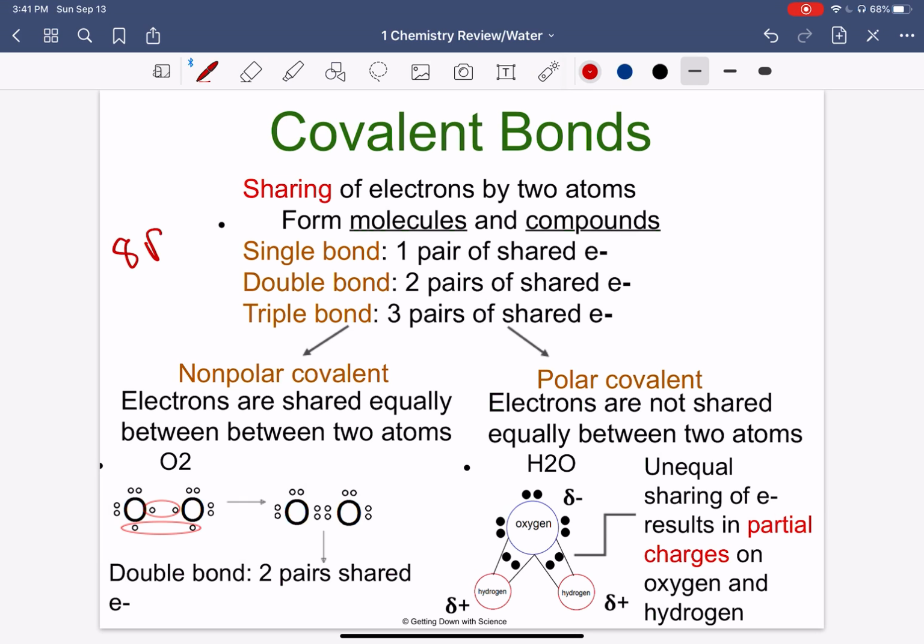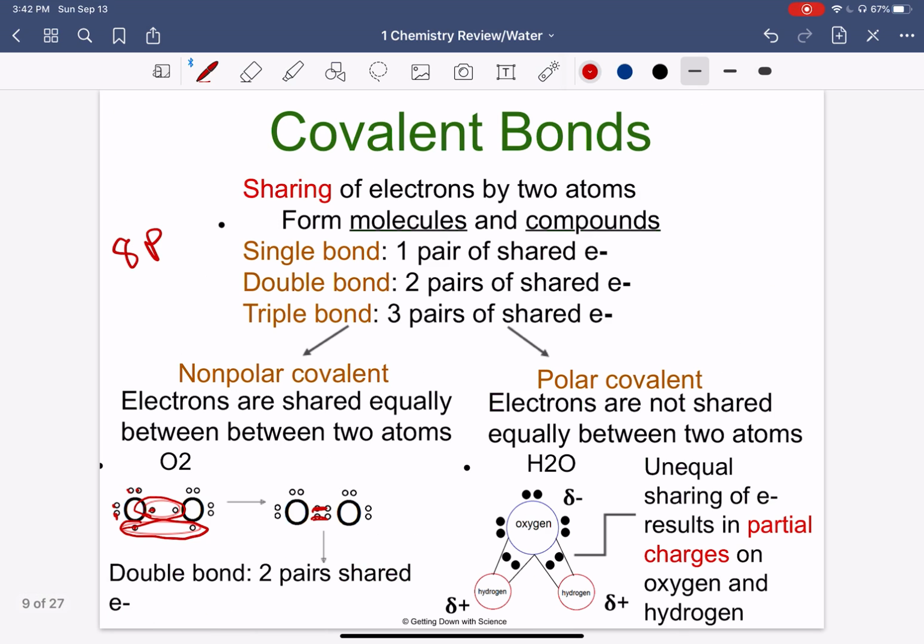The first ring holds up to 2, and then you have 3, 4, 5, 6, 7, and 8. So when we look at oxygen, it actually has 2 places where it can share electrons. There's one electron, there's another electron, and it can share both of those. In fact, both of these oxygen atoms can each share an electron. And what we wind up with is something that looks like a double bond.